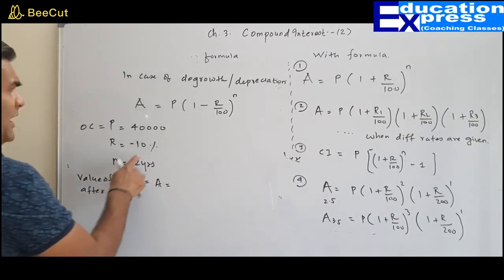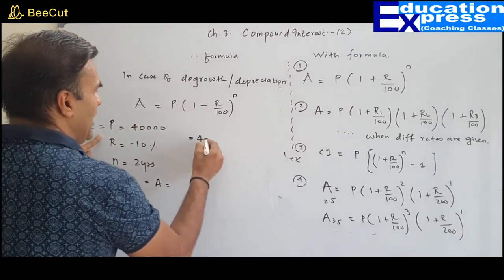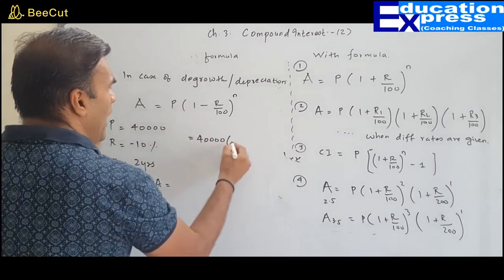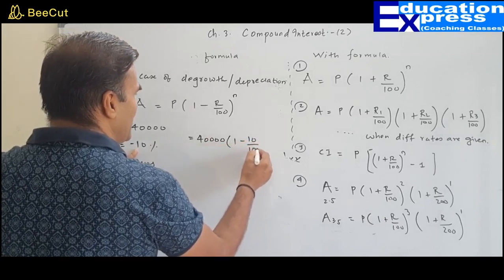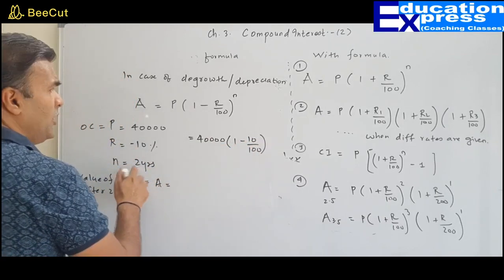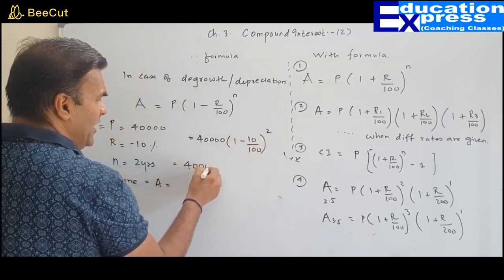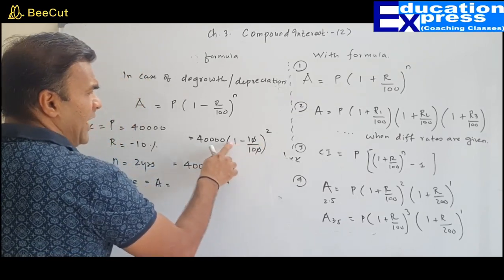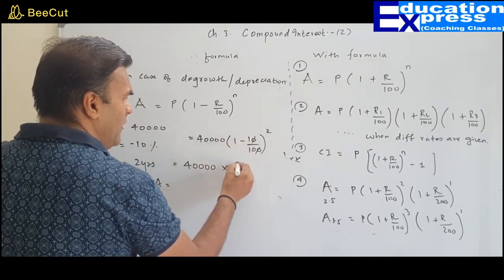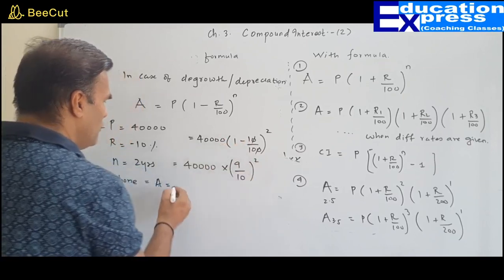Knowing all the ingredients for this formula, you can apply P as 40,000, (1 minus R), where R stands for rate, which is 10%, the whole thing raised to 2. So what are we going to do? 40,000. Over here, 0 cancels 0. 10 minus 1, that's going to be 9 upon 10 raised to 2.